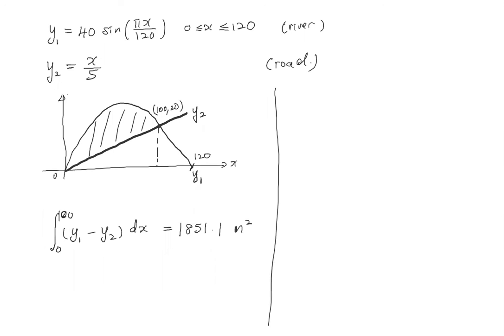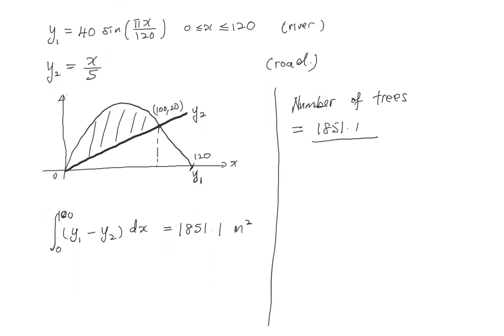We just say approximately, so the number of trees that can be planted will be 1851.1 divided by the area per tree.